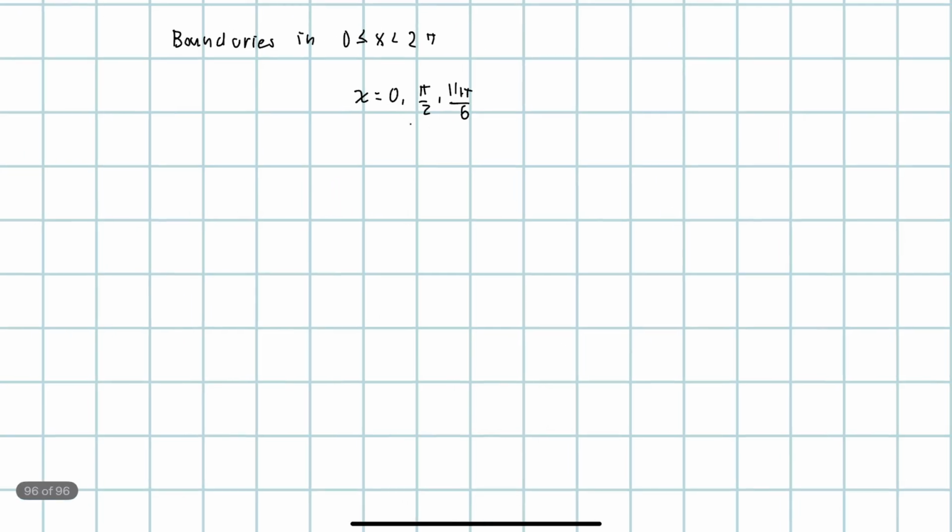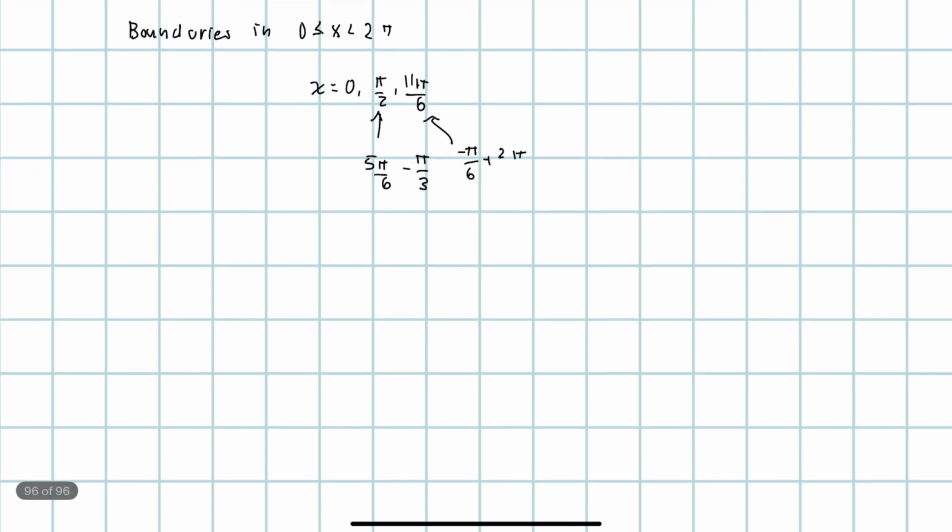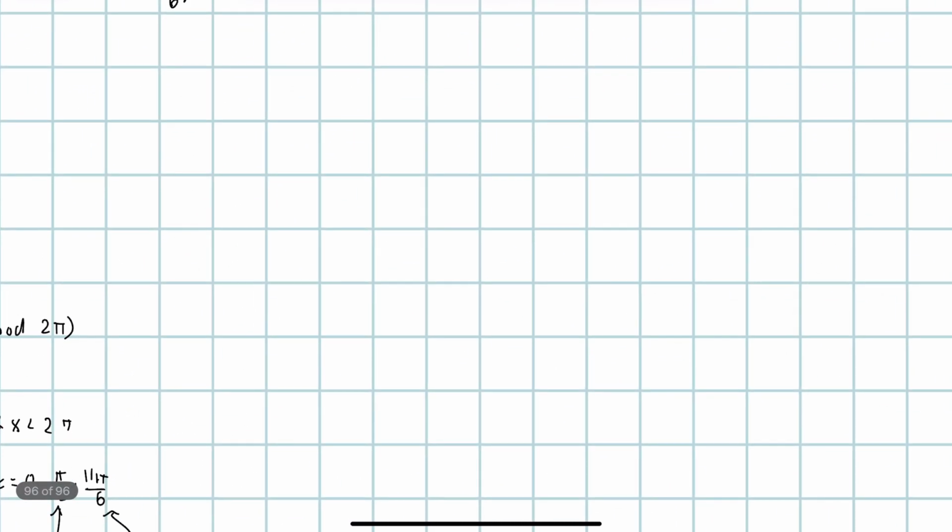Remember that this comes from 5 pi over 6 minus pi over 3, and that this comes from negative pi over 6 plus 2 pi. So for our intervals, we can write 0 including to pi over 2, excluding pi over 2 to 11 pi over 6, including 11 pi over 6 to 2 pi.